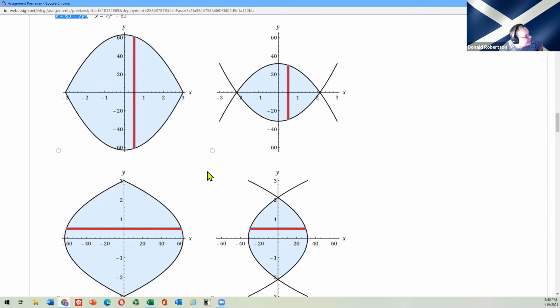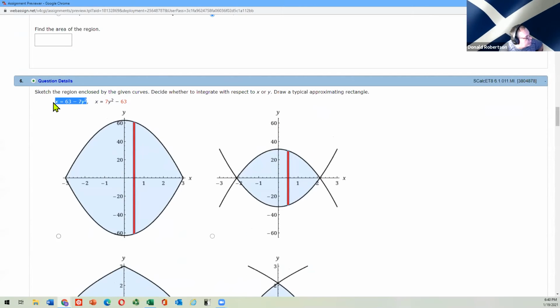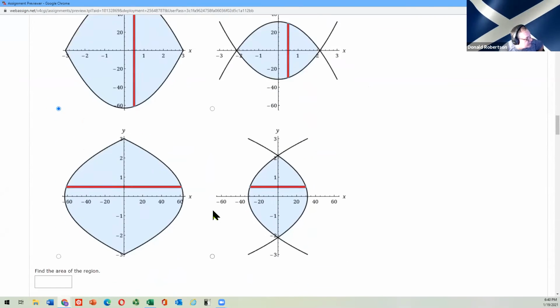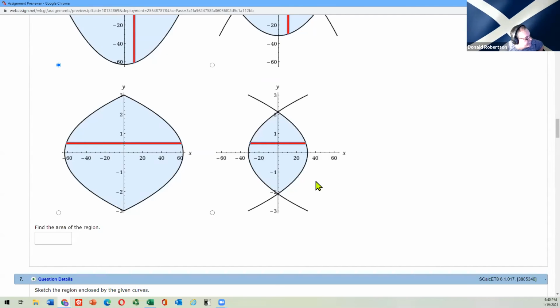And if it's only 30 something, it's this picture. So how do I find out where this fella cuts the x-axis? Well, I make x 0 and I solve. What do you get? Well, if you make x equals 0, you get 63 on both sides with a negative. 63 over 7, take the square root of 63 over 7, you got your answer.